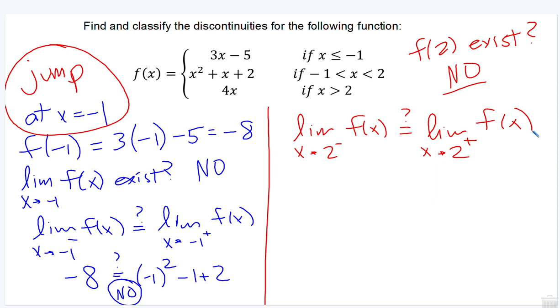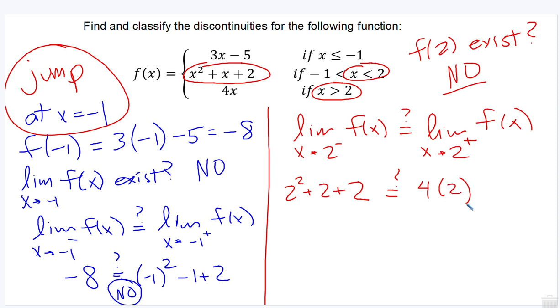So as we approach 2 from the left, that'd be when x is less than 2. So we'll plug that in right here. 2 squared plus 2 plus 2. We want to know, does that equal, as we approach 2 from the right, that'd be x greater than 2, that'd be 4 times 2. So does 2 squared, which is 4, plus 2, plus 2, which is 8, equal 8? Well, the answer is yes.